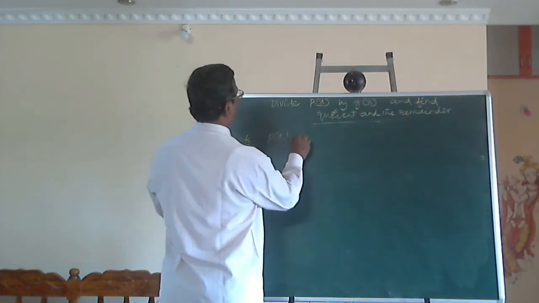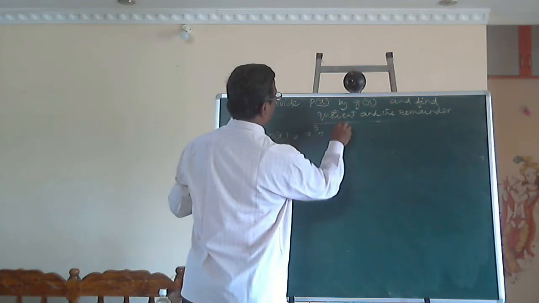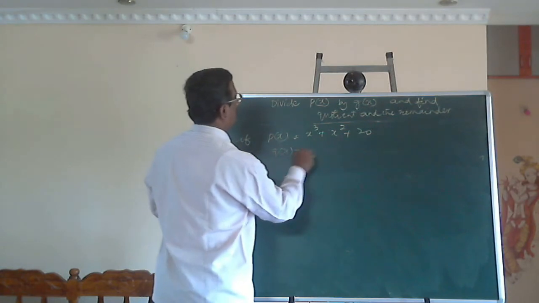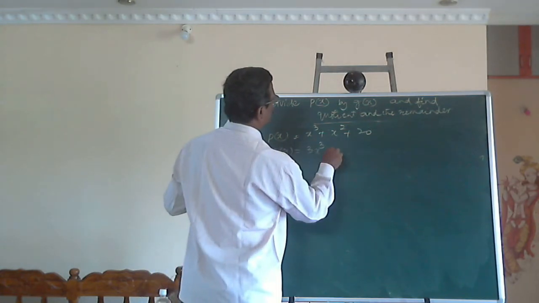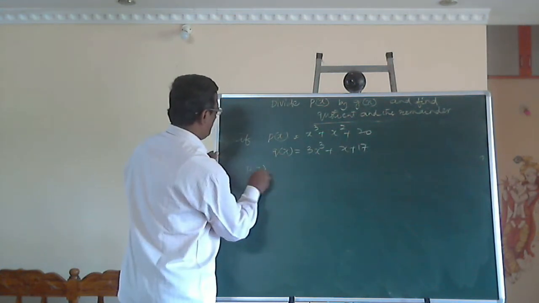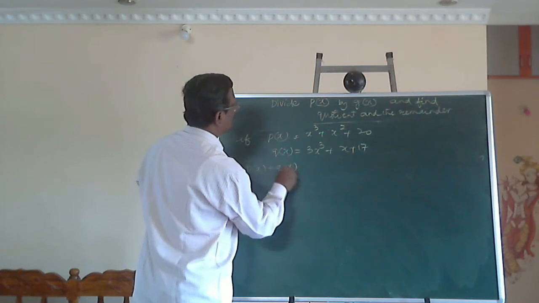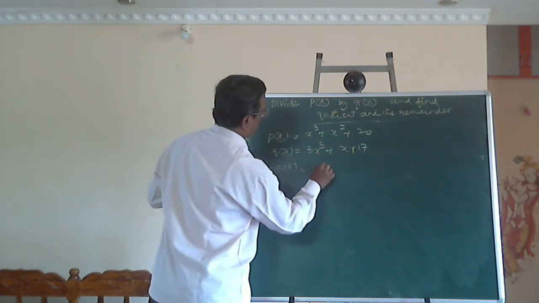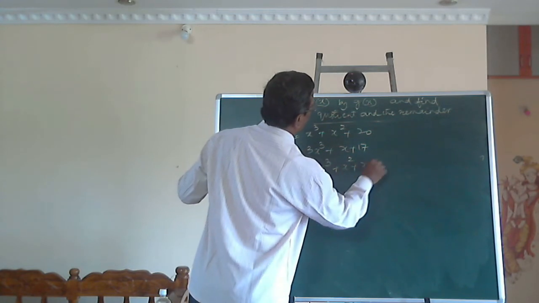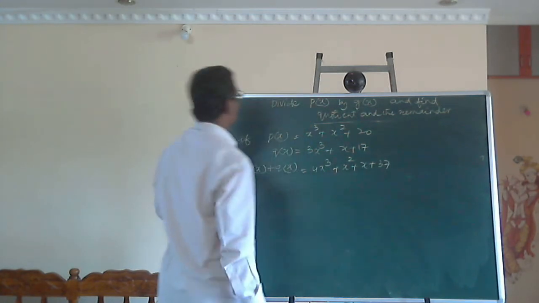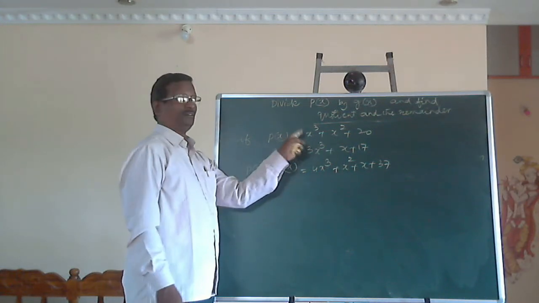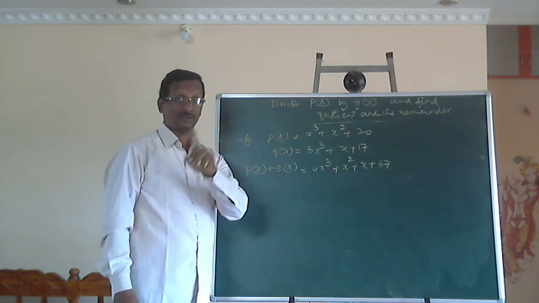P(x) is a polynomial x cube plus x square plus 20. Q(x) is a polynomial 3x cube plus x plus 17. On adding, P(x) plus Q(x) is x cube plus 3x cube, 4x cube, plus x square plus x plus 37. Here, when we find the degree of the polynomial, which is 3, the coefficient of the greatest power should not be 0.